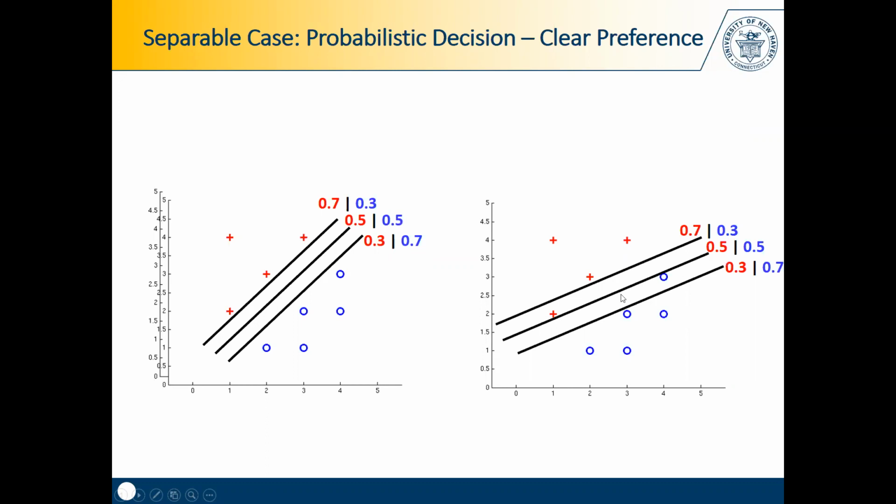However, the outcome is not the same, right? Look at this bit here. This is lying very close to this line here, which says it's 50% likely to be red and 50% likely to be blue. And in here, we have a 30% chance of things being red and 70% chance of things being blue.